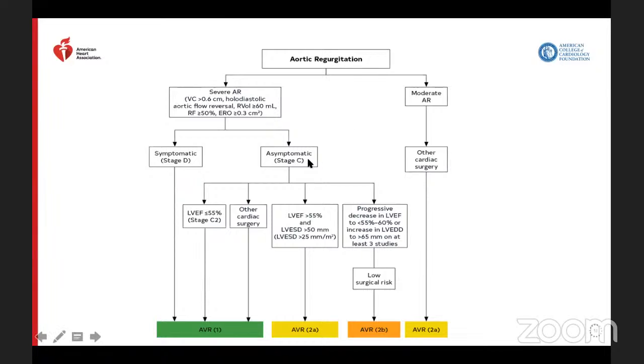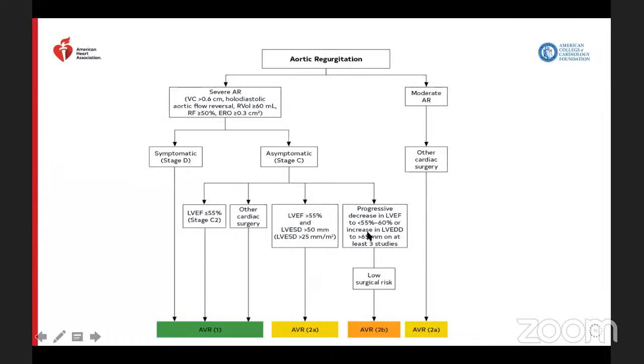A patient who's asymptomatic, stage C, and has other cardiac surgery indication, can go for AVR and it's a class 1. For a patient with stage C AR and left ventricle ejection fraction of more than 55% or left ventricle end systolic diameter more than 50, he can go for AVR, it's a class 2A.